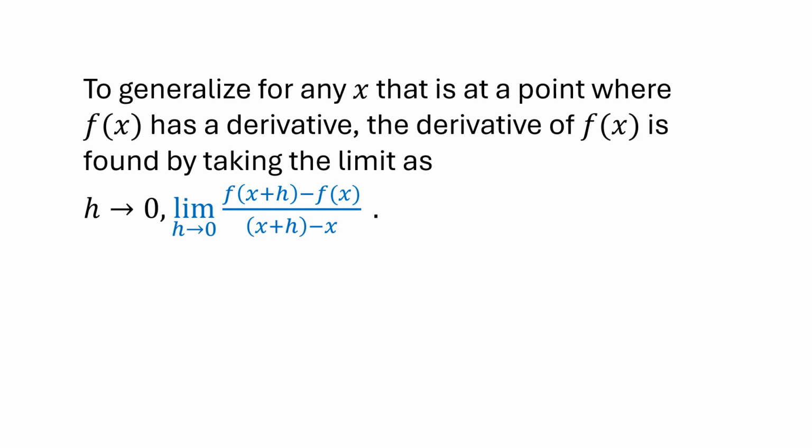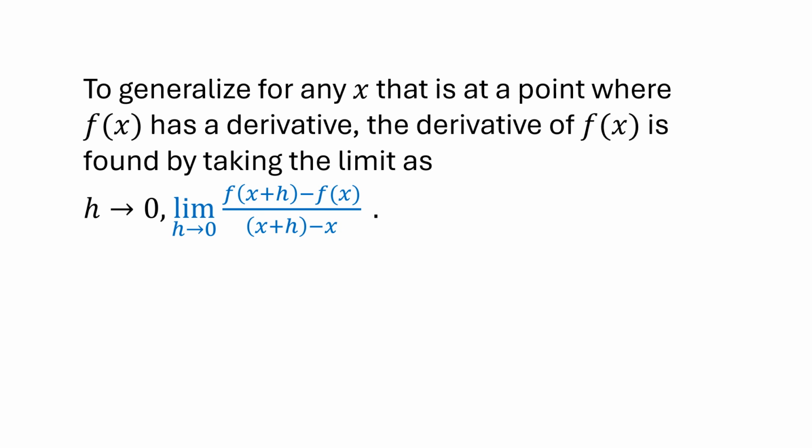To generalize for any x, that is, at a point where f of x has a derivative, and not all functions have derivatives everywhere, we must avoid sharp points or missing values and so on.